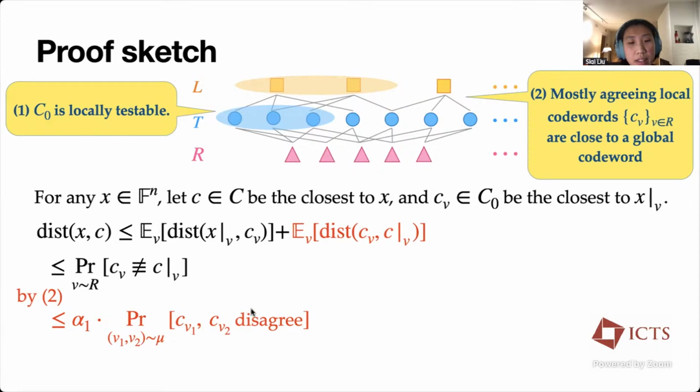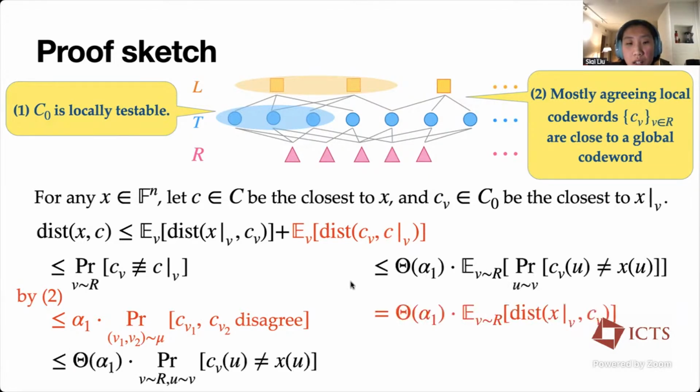So in this way, we can relate this disagreement probability with the distance from X to each individual C_V. Don't worry too much about the intermediate steps, but the gist is that this disagreement probability can be upper bounded by the expected distance from the restriction of X to V to the local correction C_V.